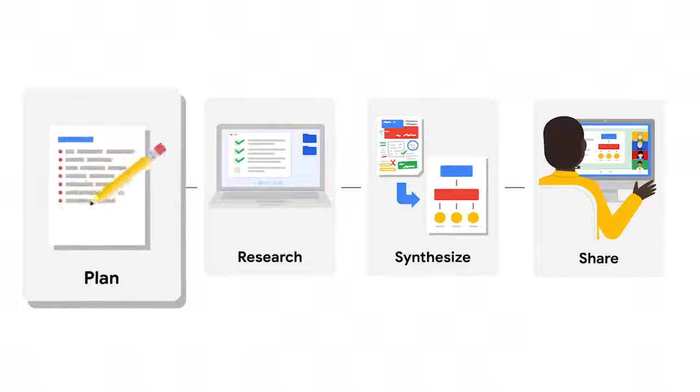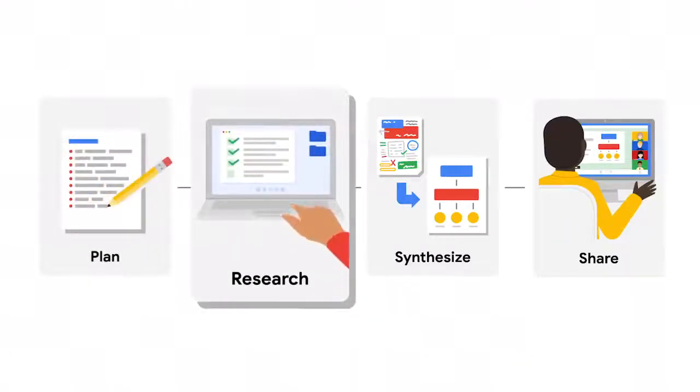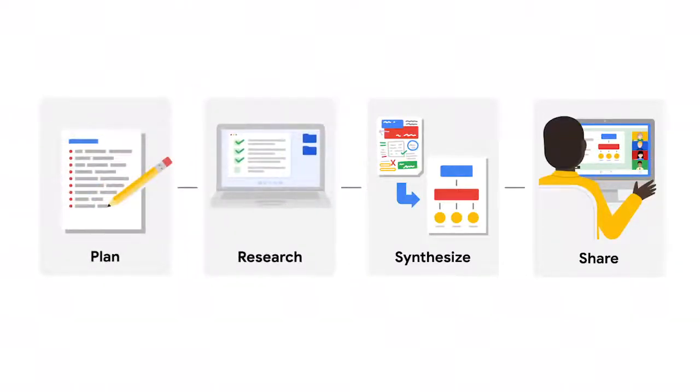Let's check in on the progress you're making. So far, we've gone through the first 2 steps in a UX research study: plan the study and conduct the research. To conduct the research, we started with the basics. We covered what a usability study is and the differences between a moderated and unmoderated usability study. Next, you learned how to moderate a usability study.